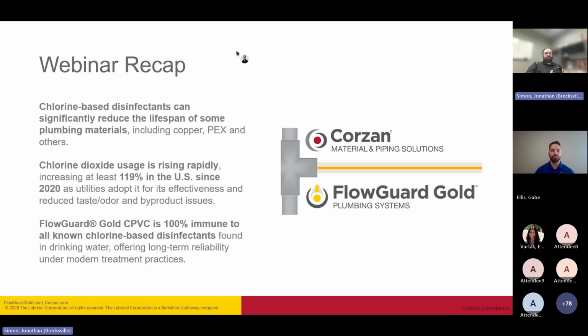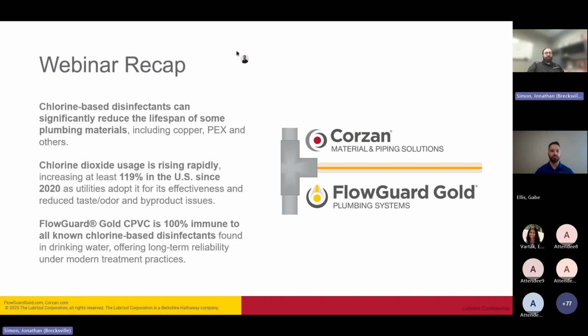One of the great things about FlowGuard Gold is because we use socket style fittings as opposed to insert style fittings, we have a significantly lower pressure drop compared to a variety of other materials. So FlowGuard Gold can often be designed along very similar, if not the same parameters as a copper system, because you don't have that extra friction loss caused by the insert fittings.